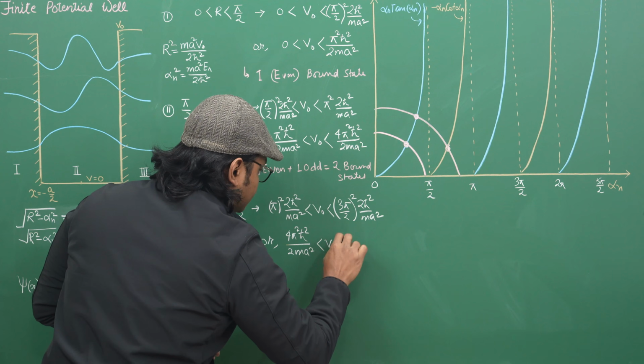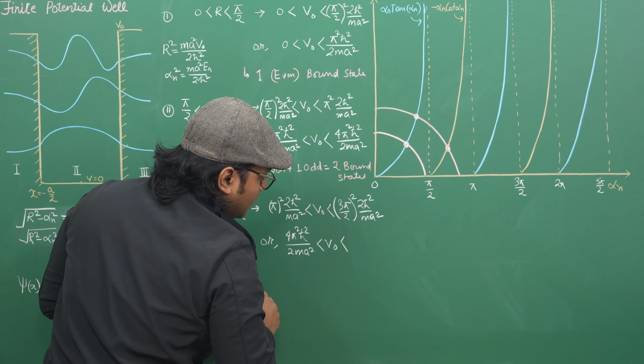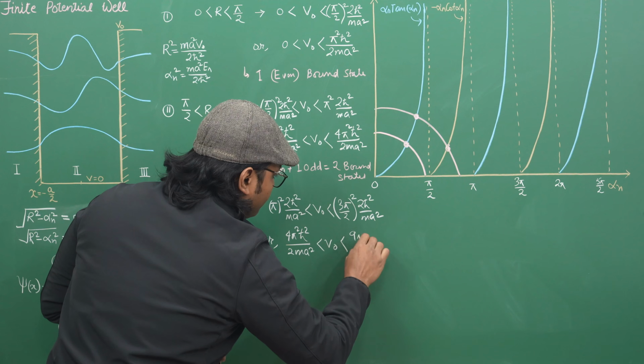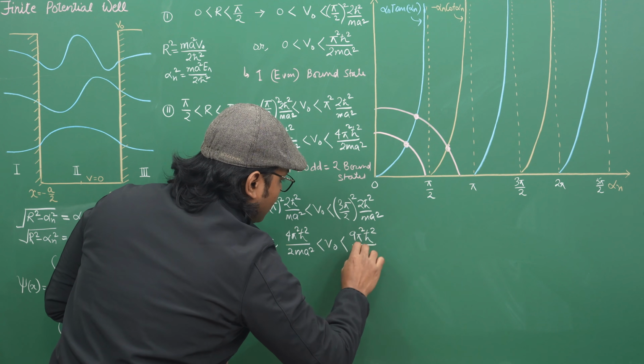So V naught is greater than this but less than, the 2 gets cancelled, I have 9 pi square h cross square upon 2ma square.